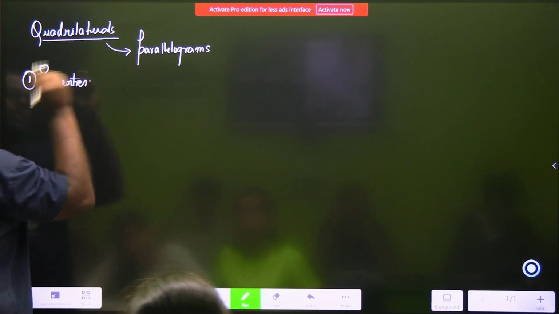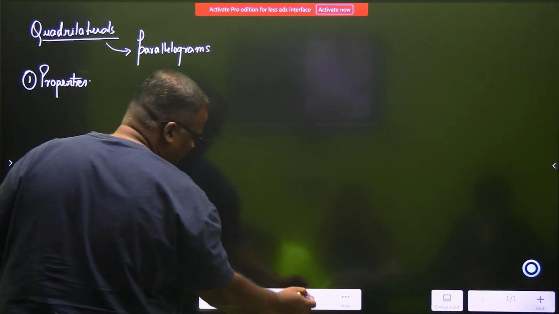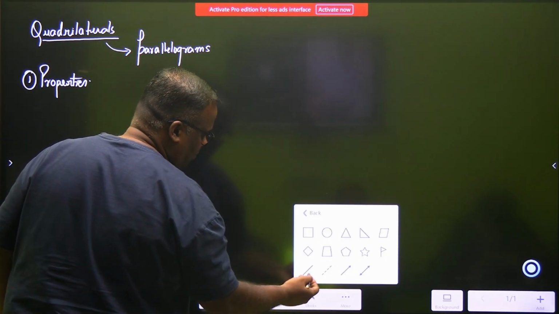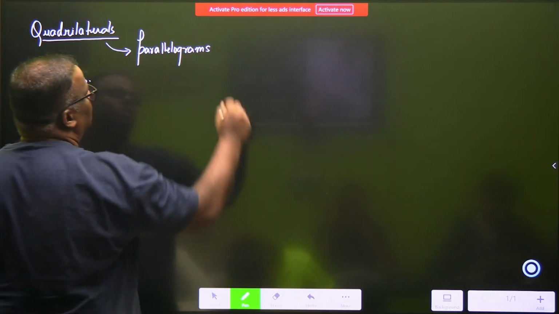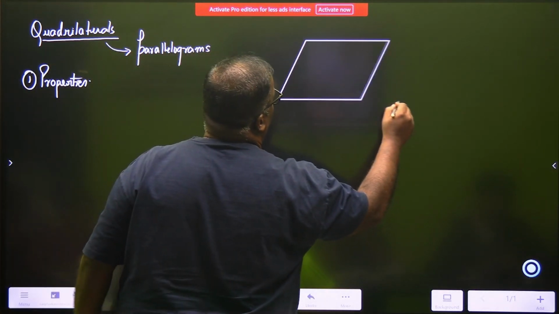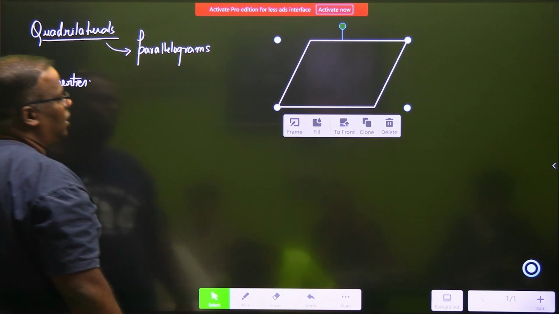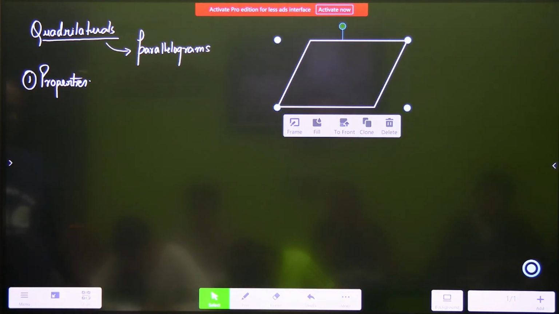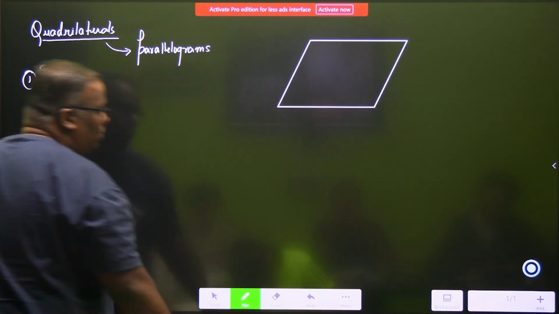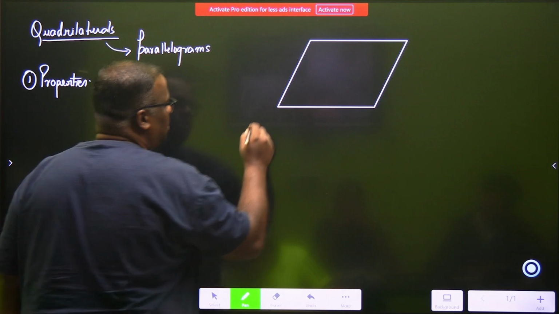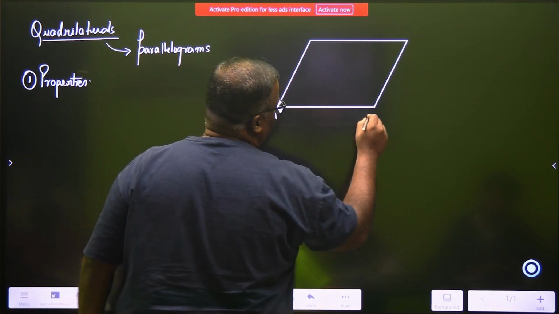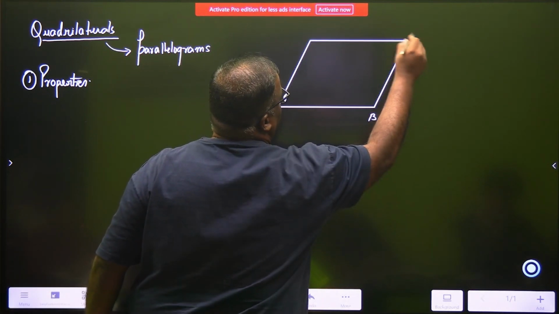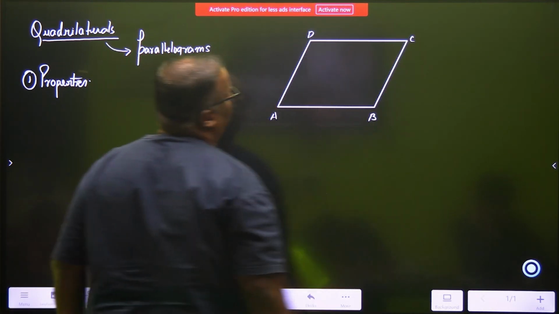Properties. So let's first see whether I have a shape of a parallelogram. Yes, I do. Let's say this is a parallelogram. What all things are evident in a parallelogram? From there, we will be able to get into some properties. Let me name this A, B, C, and D in a cyclic manner.